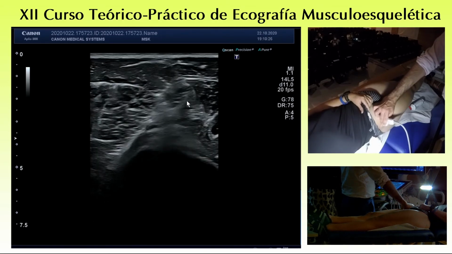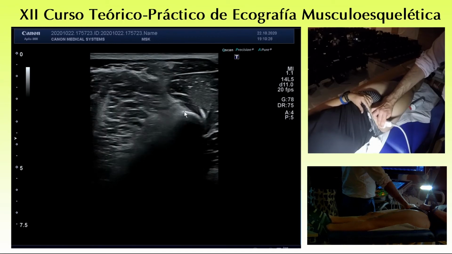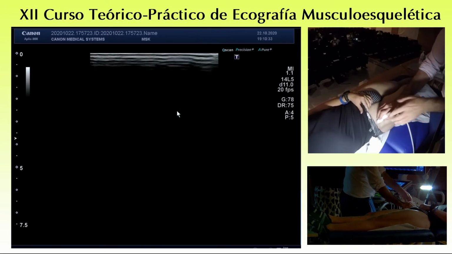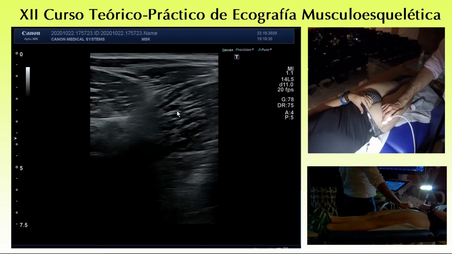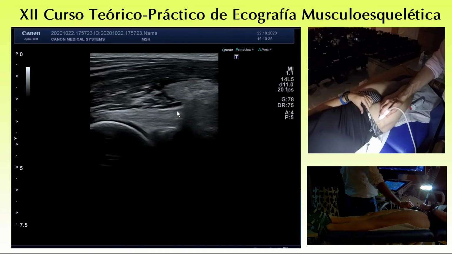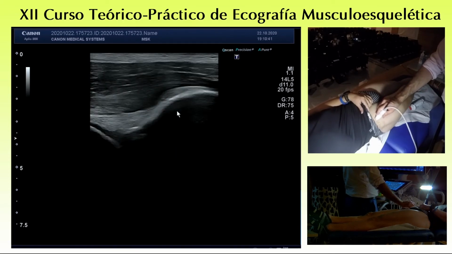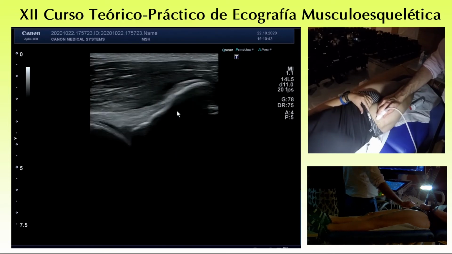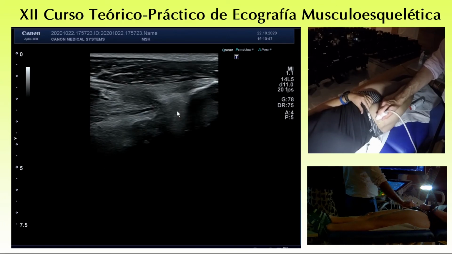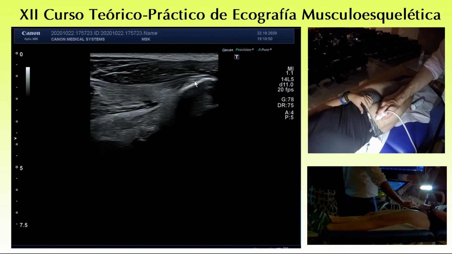Instead, this is the direct part that inserts over the anterior inferior iliac spine. And we can check also in short axis at this level. This is the anterior inferior iliac spine.